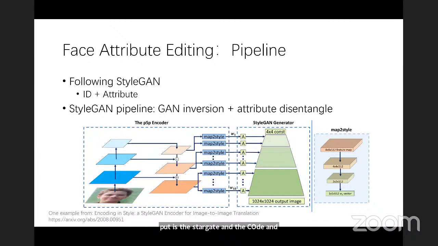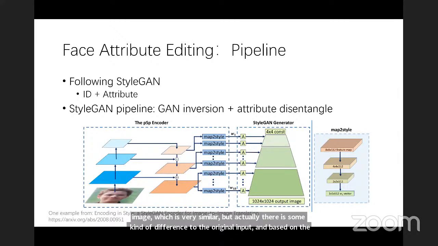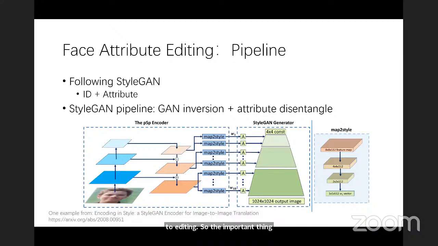And based on the latent code, we can generate another image, which is very similar, but there is some difference from the original input. And based on the latent code, we can do a lot of attribute editing. For example, we can edit the age, suppose we know the direction to edit. So the core component for this kind of attribute editing is how to find the attribute direction to edit this latent code.